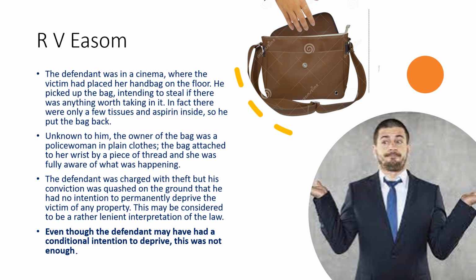The defendant was charged with theft, but his conviction was quashed on the ground that he had no intention to permanently deprive the victim of any property. This is because he had what we know as conditional intent. He would have stolen if there was anything worth stealing, but ultimately that wasn't enough for theft, because you have to have intention to permanently deprive the owner of the items.